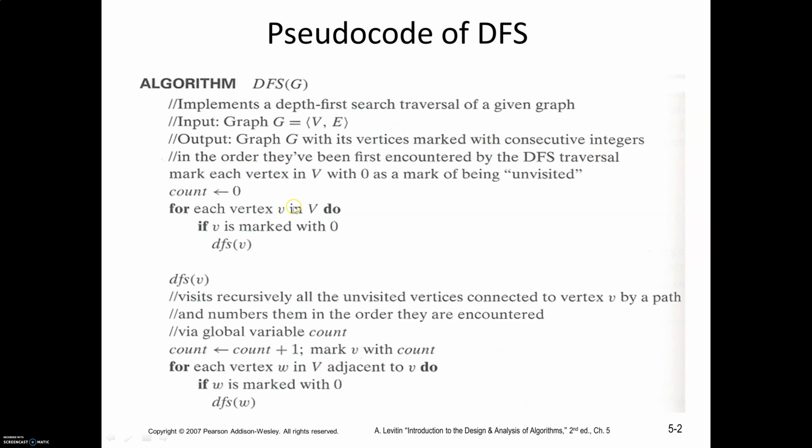Then for each vertex V in vertex set V, if V is marked with value 0, then you have to invoke DFS with that vertex V. Then increment the count by 1, mark V with count. For each vertex W adjacent to V, if W is marked with 0, then you have to invoke DFS with node W.